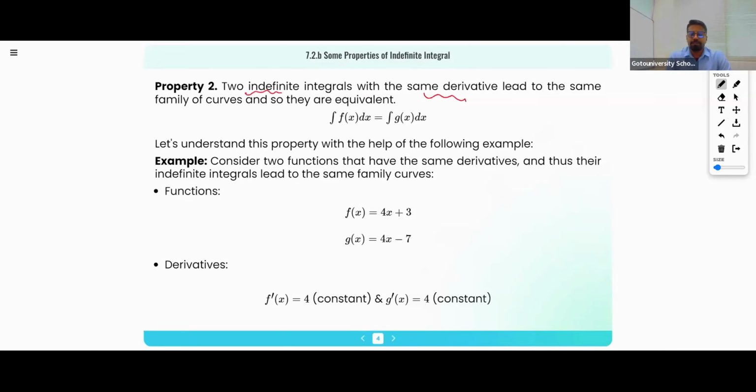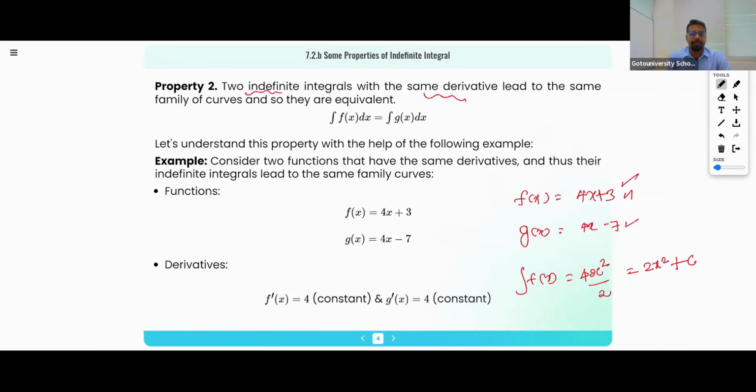So, for example, if there is a function f of x which is 4x plus 3 and another function g of x which is 4x minus 7, we know very well these two functions are not the same, but their integral remains the same, because the integral of this is 4 into x square by 2, which is actually 2x square plus some constant. Similarly, plus what?